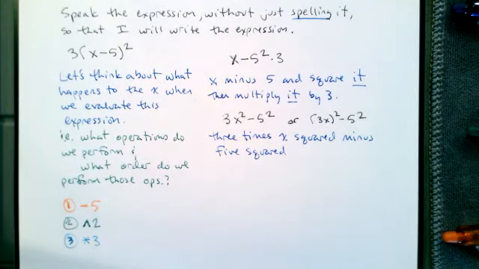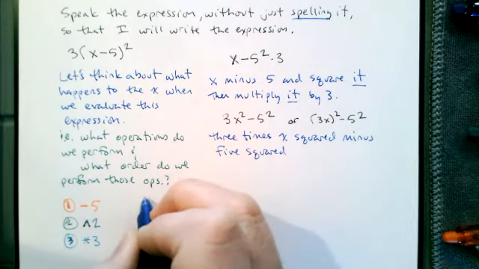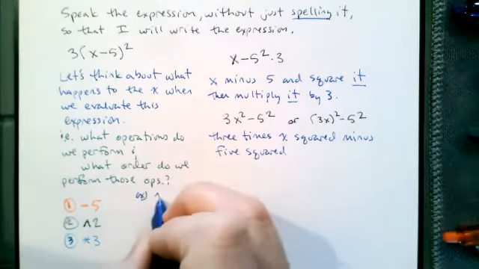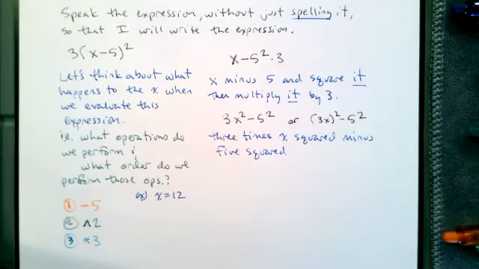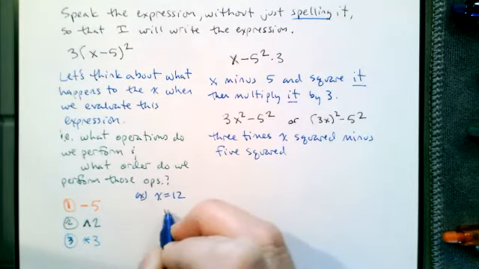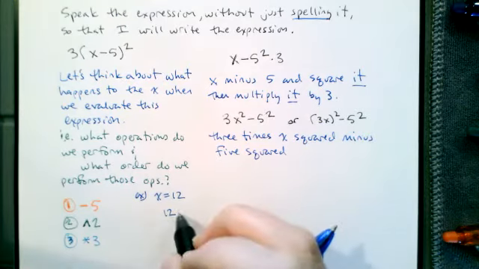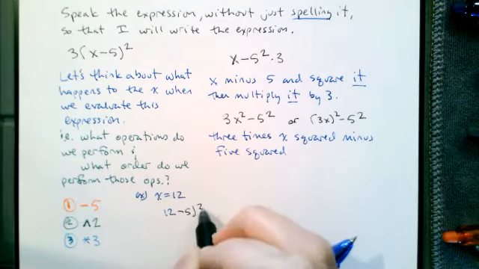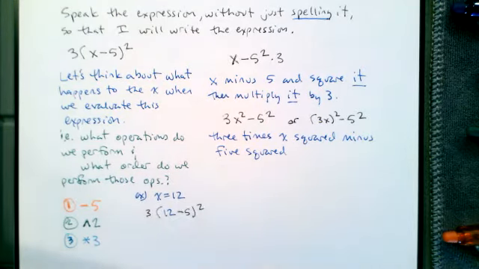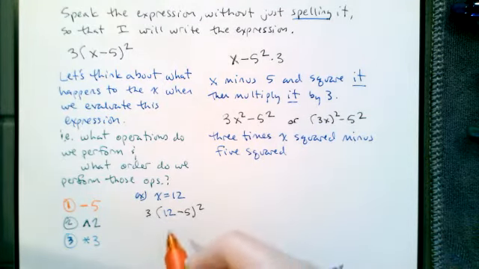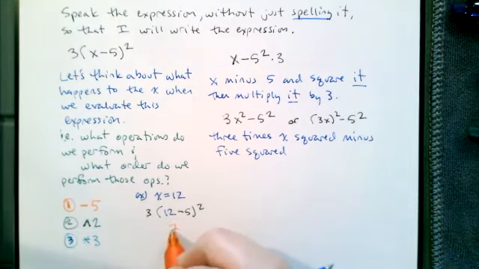If I want to simplify this expression and I plug in a 12, so if, for example, I'm saying x equals 12, the first thing we do is subtract the 5. So 12 minus 5 gives us a 7.